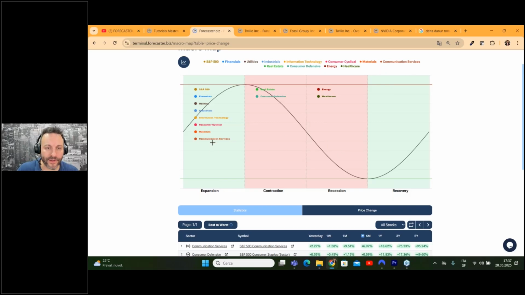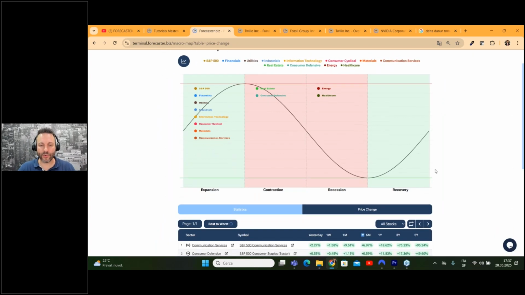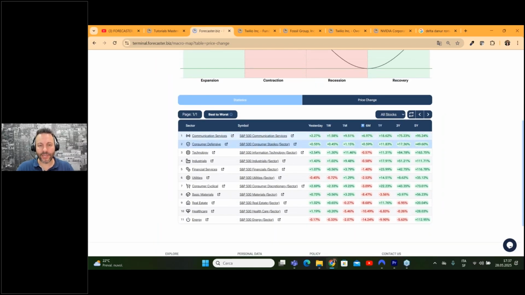Okay, you can find, for example, that materials, consumer cyclical, information technology, industrial, utilities, and financial are now in an expansion moment.